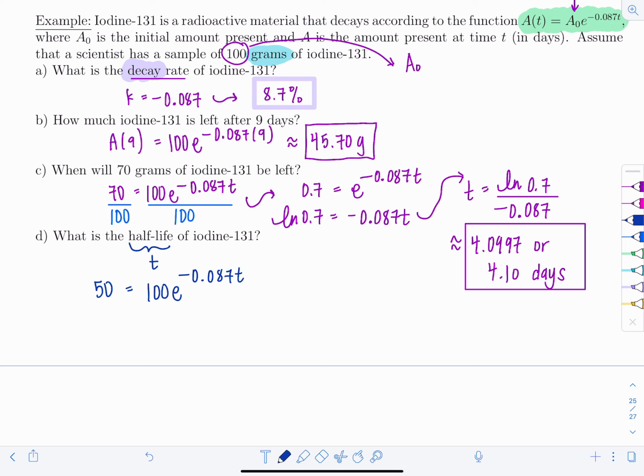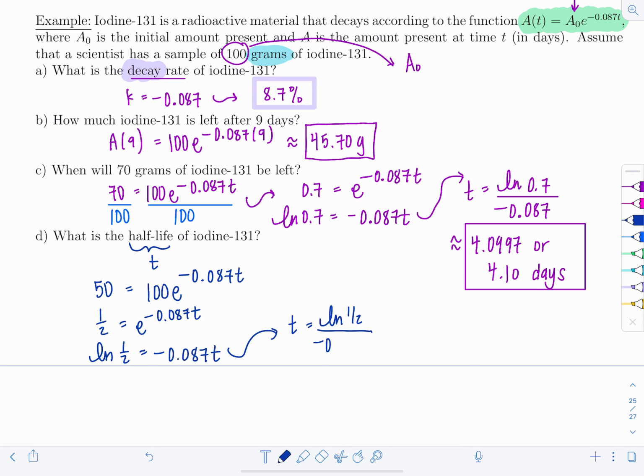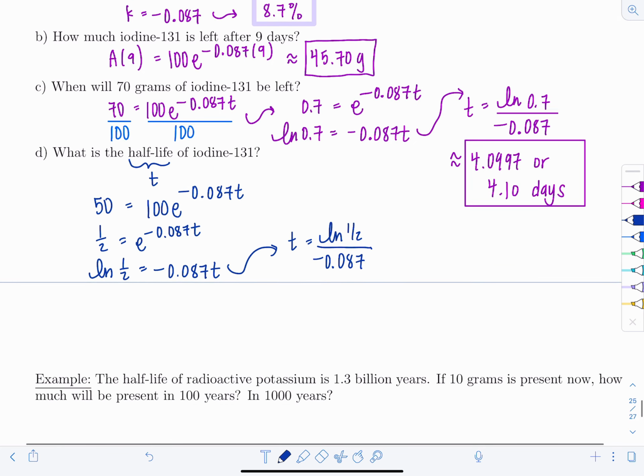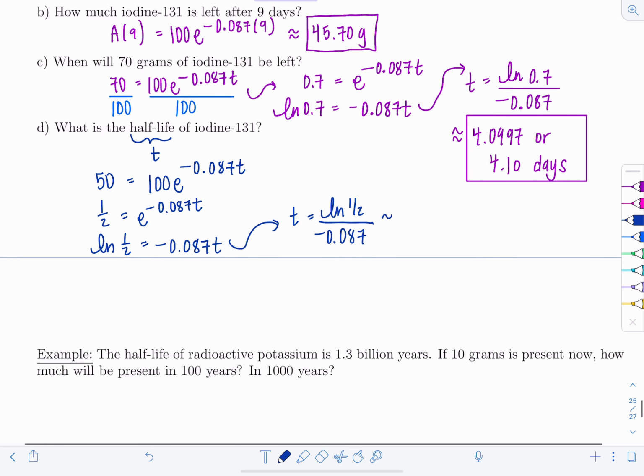Then the rest of the problem falls into place the same way. So dividing by 100, 1/2 equals e to the negative 0.087t. Then we have ln of 1/2 equals negative 0.087t, which means t equals ln of 1/2 over negative 0.087. And punch it in the calculator, you should get about 7.97 days.